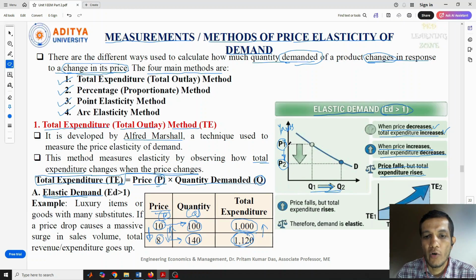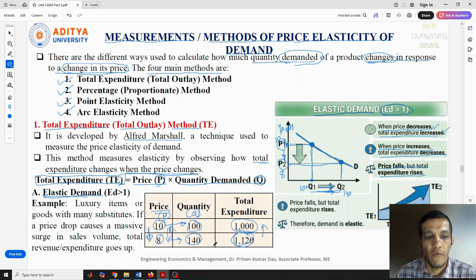When the price is at P1, suppose 10 rupees, 100 units were ordered. This is our point here. Now the price changes from 10 rupees to 8 rupees, and the quantity ordered increases to 140. This is our second point.